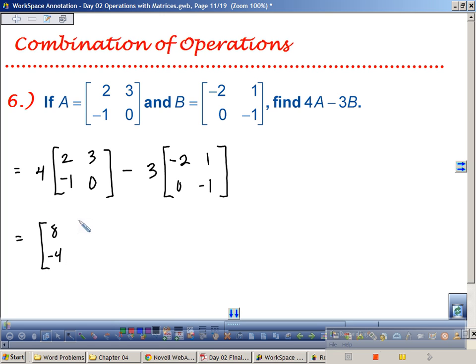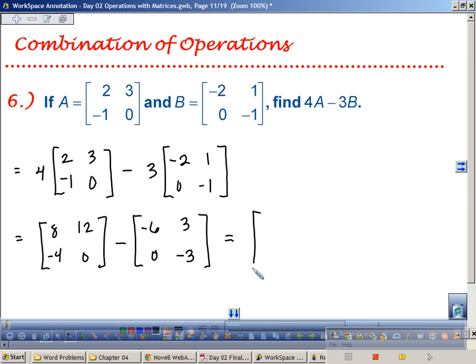8, negative 4, 12, 0, minus negative 6, 0, 3, negative 3. I'm multiplying by a scalar and then I'm subtracting.